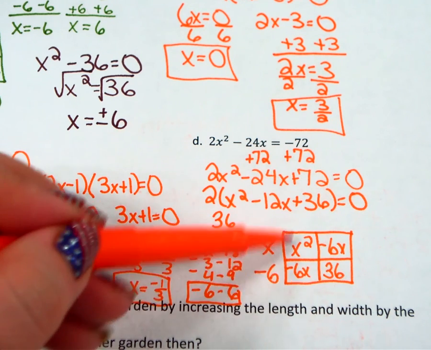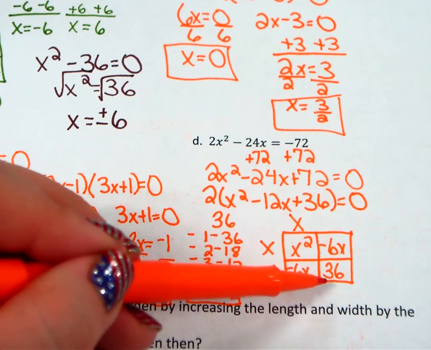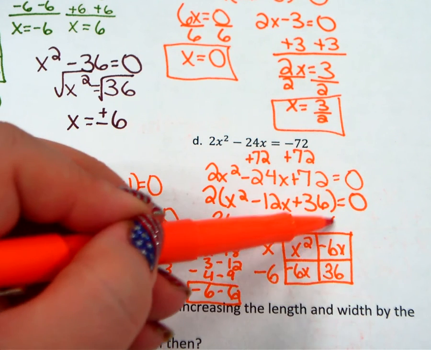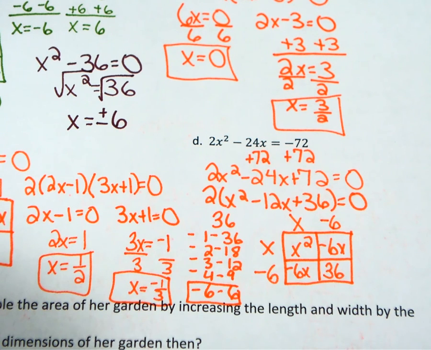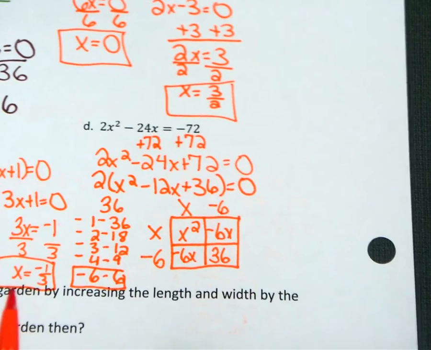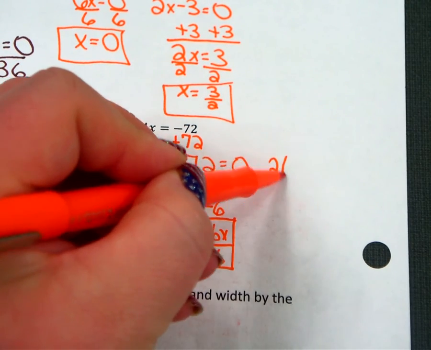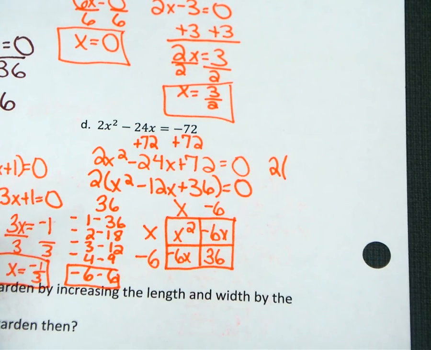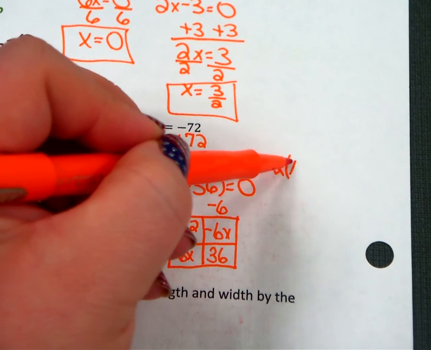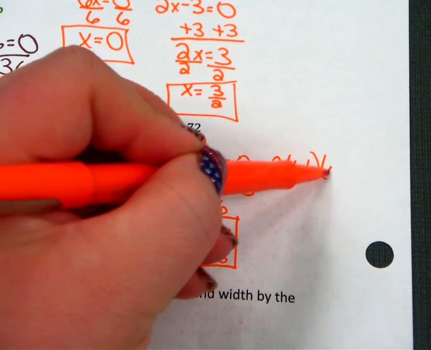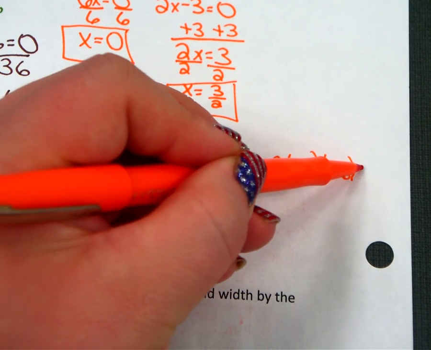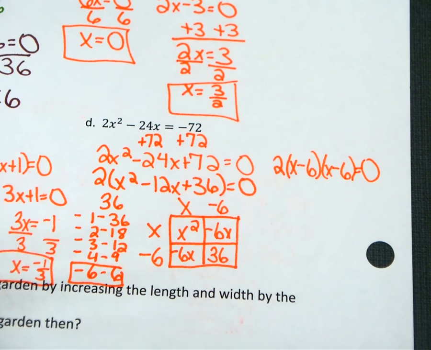The left side, I can take an x out. The right side, I can take negative 6 out. So my factored solution, the 2 from what I took out in the beginning, then x minus 6, x minus 6. You could write that as x minus 6 squared. That's okay.